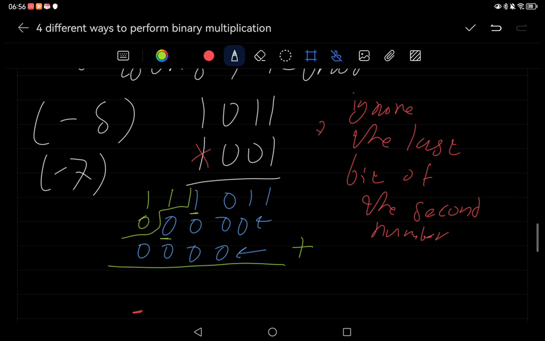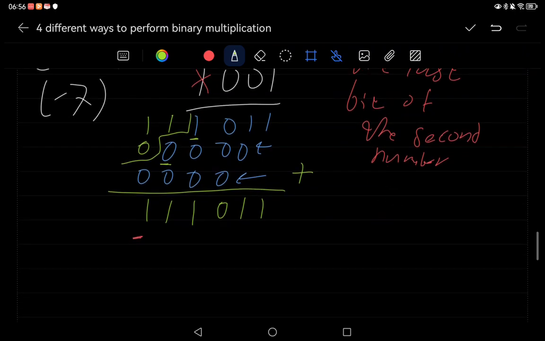So here 1 plus 0 is 1, 0 plus 0 plus 0 is 0, 1 plus 0 0 will be 1. Here I have 1 and 1. Okay, and I got a 6-bit number.